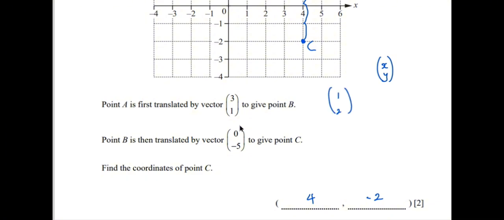Then you can add these two. When you add these two here, you're going to have 3 and -4. When you add this addition of the two vectors, which is translation, to A, you're going to have 4 and 2, which is the same as what we have here.